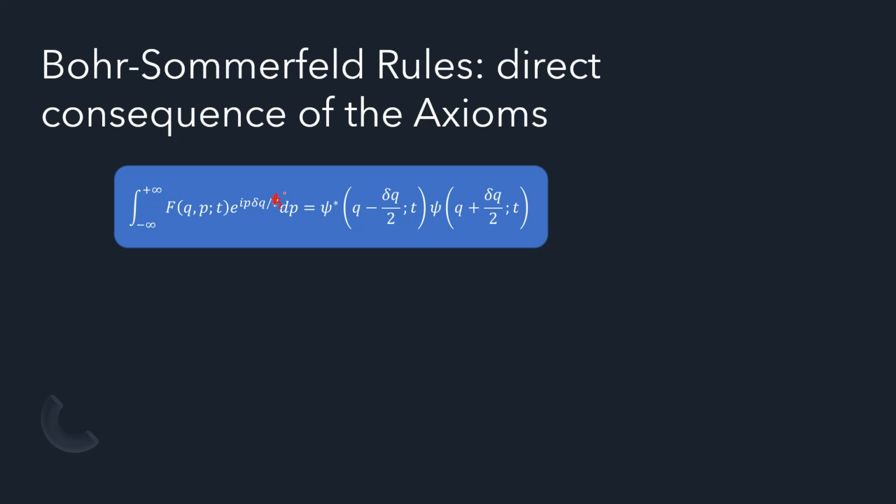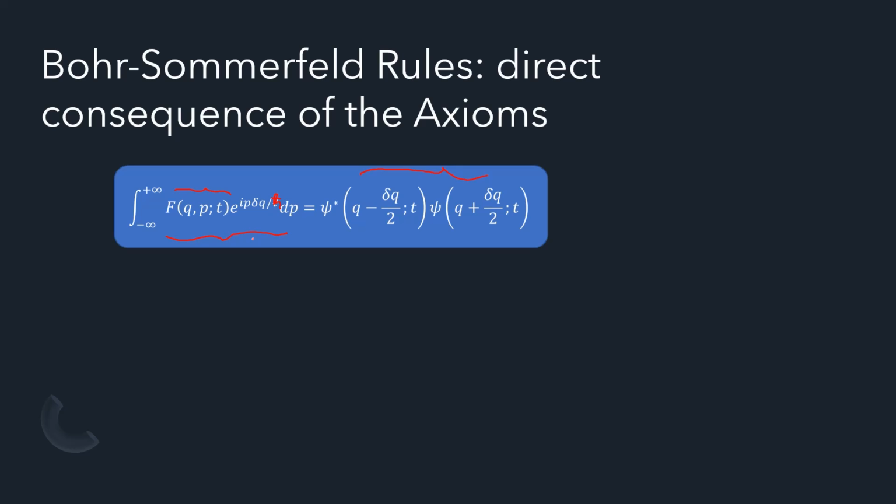We have one of our axioms written in terms of a Fourier transform, taking on the joint probability density function, and this Fourier transform is taken into a product of two functions.